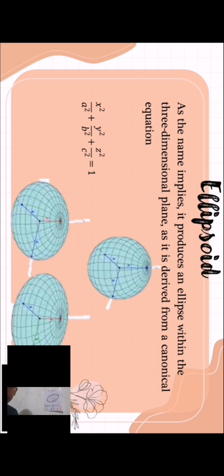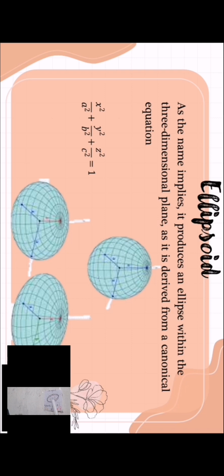For example, x equal to 0 gives the next equation: y squared over b squared plus z squared over c squared equal to 1.